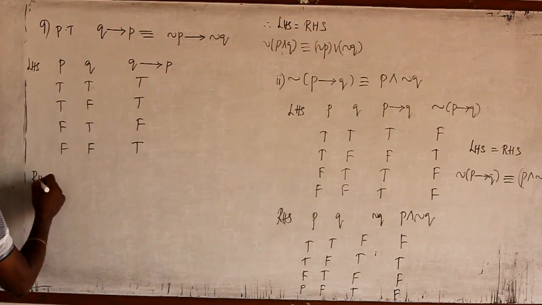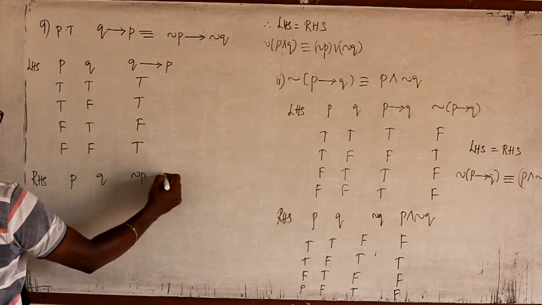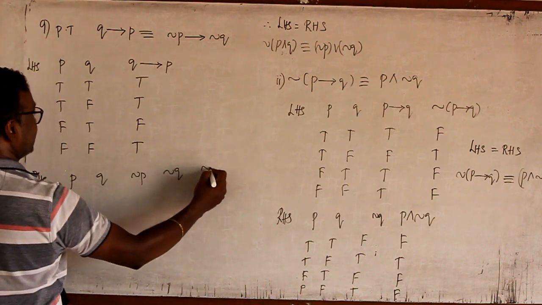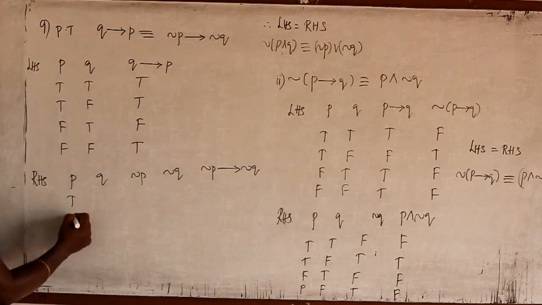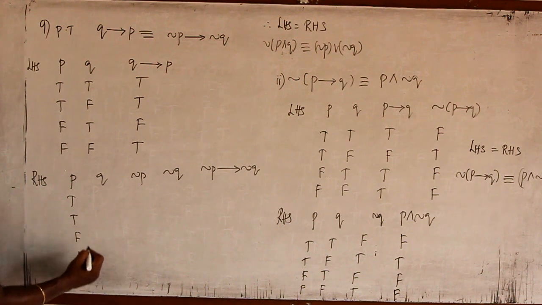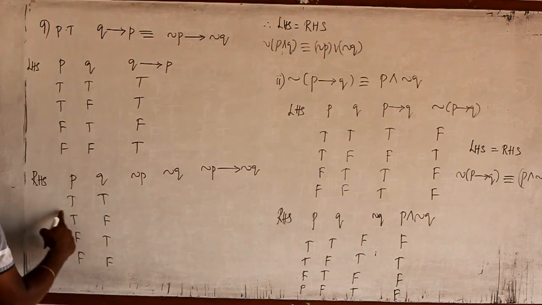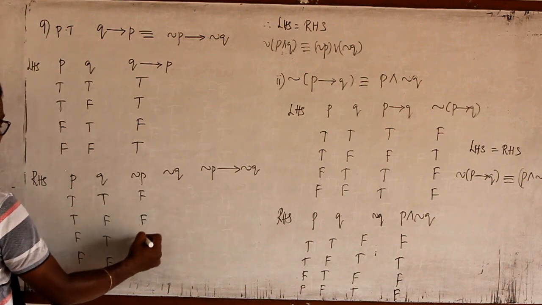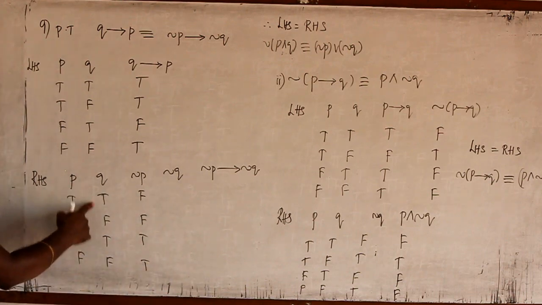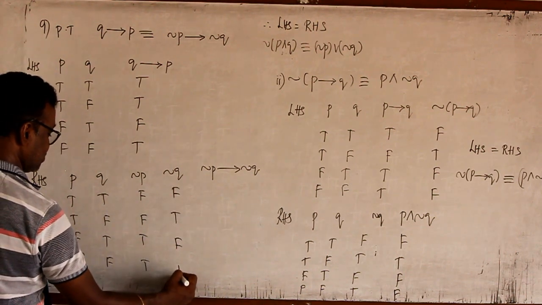Now what is RHS? P, Q, negation of P, negation of Q, negation of P then negation of Q. True, true, false, false. True, false, all of this. Negation means opposite of P, so false, false, true, true. Negation of Q means false, true, false, true.